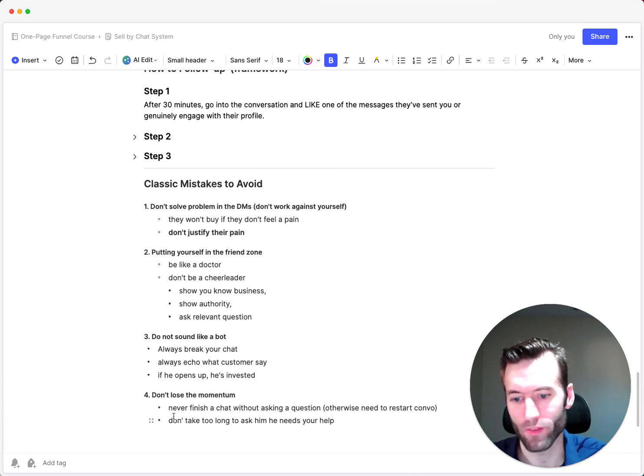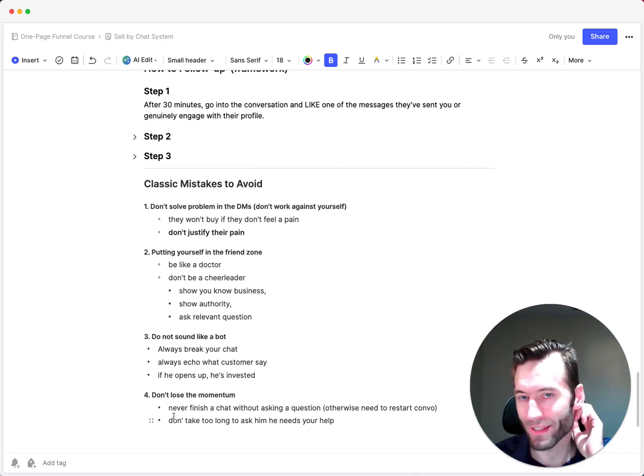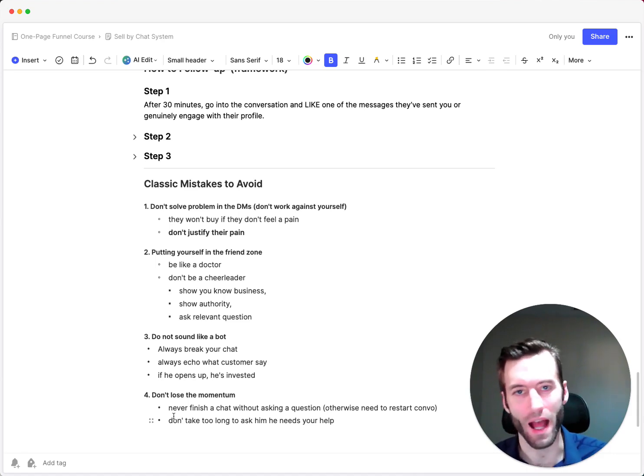And also never finish a chat or an interaction without asking a question back. Otherwise, you need to restart the conversation and it's going nowhere, so you're losing the momentum. So always make sure to ask a question so he knows that the ball is in his court. So those are the 4 classic mistakes to avoid.